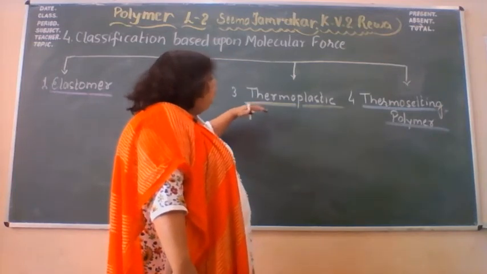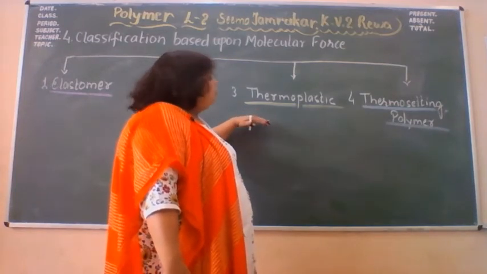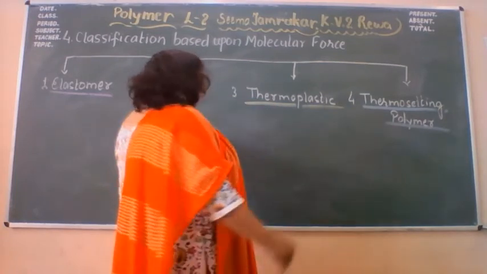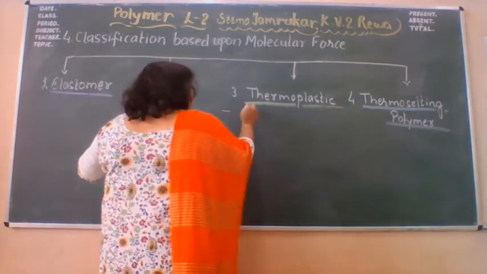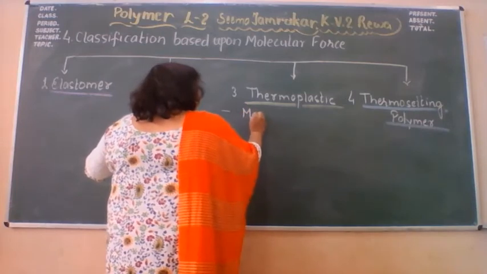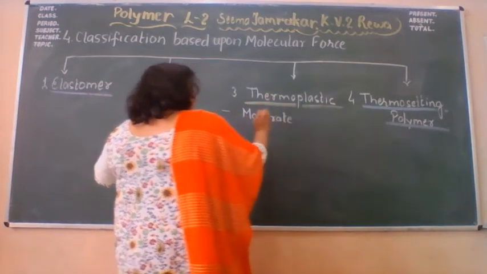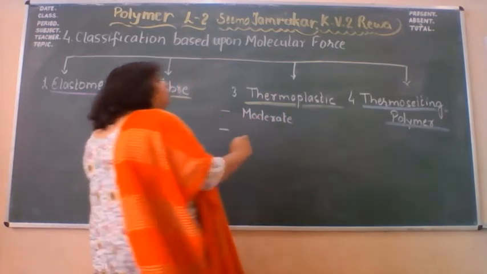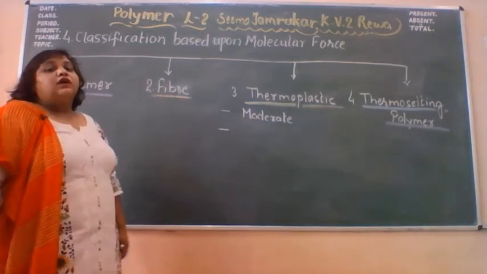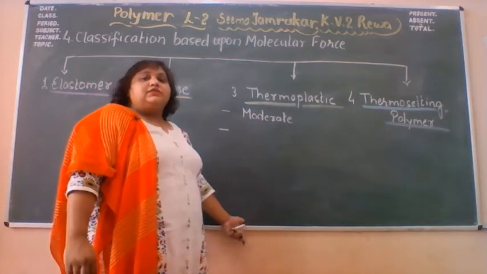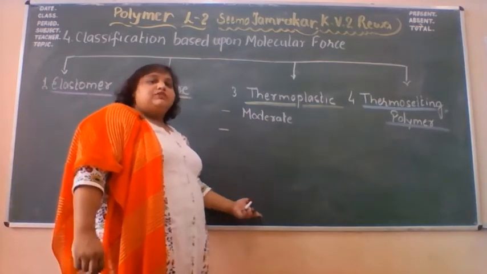When you are going to heat it, what you will observe is that it again gets softened, right? The molecular force is a moderate one, right? And behavior towards the heat is a very important issue of this thermoplastic category of polymers, right?